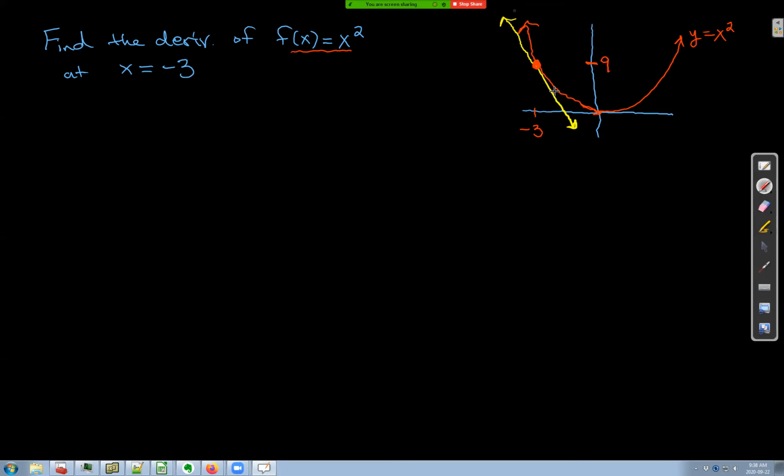If I imagine drawing a tangent line, when we answer this question, what it's going to tell me is the slope of that line. Right now I don't know what the slope of that line is, but I claim that this is going to be the answer. Anyway, there's your picture.